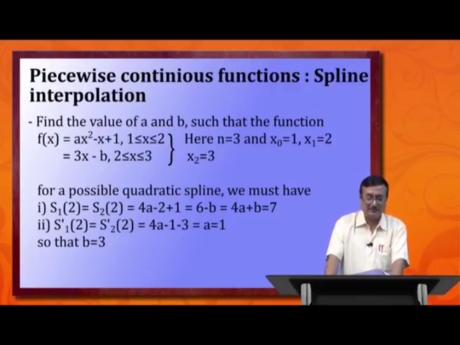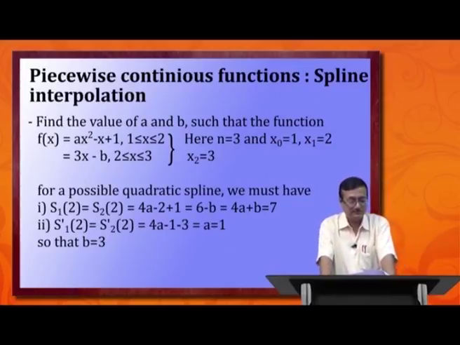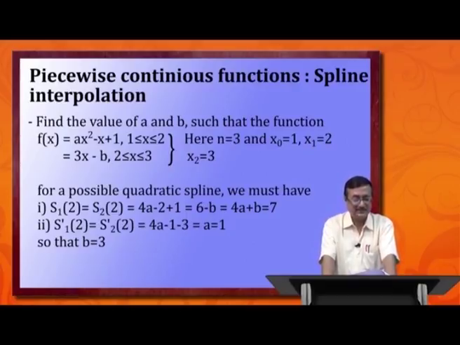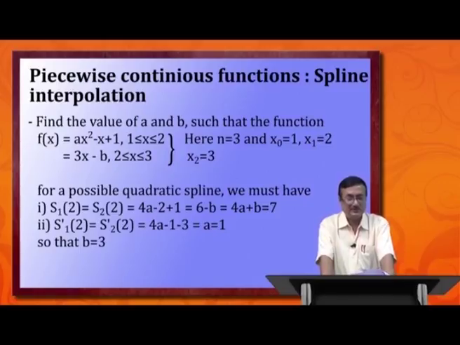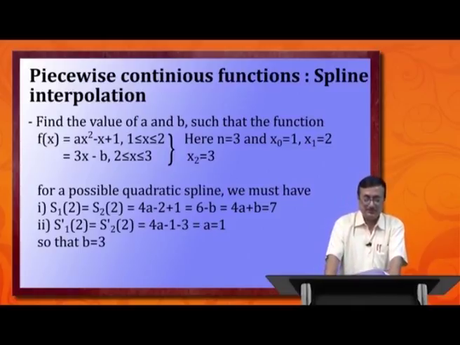For a possible quadratic spline, please note that in the region 1 to 2, the function ax square minus x plus 1 is a quadratic function, and that is why it is a possible quadratic spline. For a quadratic spline, we must have S1 at x is equal to 2 equal to S2 at x is equal to 2, which gives an equation 4a plus b is equal to 7.